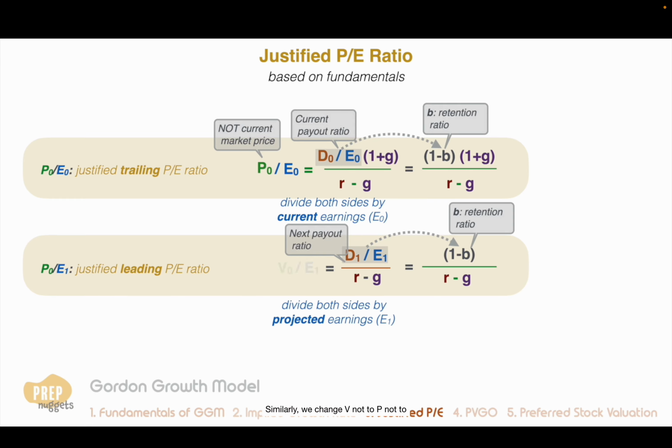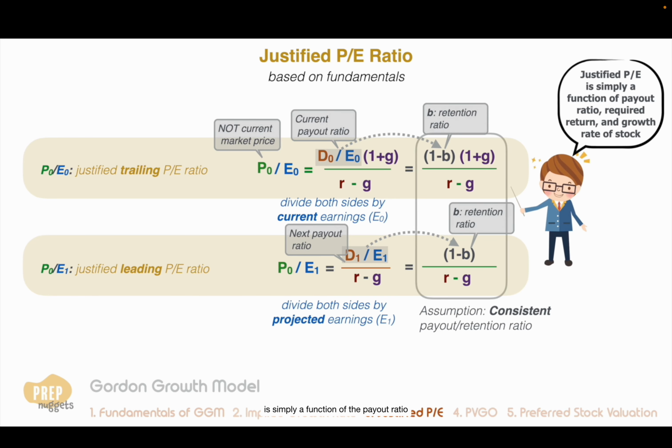Similarly, we change V0 to P0 to make the notation consistent with PE. So, in essence, the justified PE ratio of a stock is rather simple using the Gordon growth model. You do not even need the earnings or dividend of the company. As long as the company has a consistent payout or retention ratio, the justified PE ratio is simply a function of the payout ratio, required return, and growth rate of the stock.